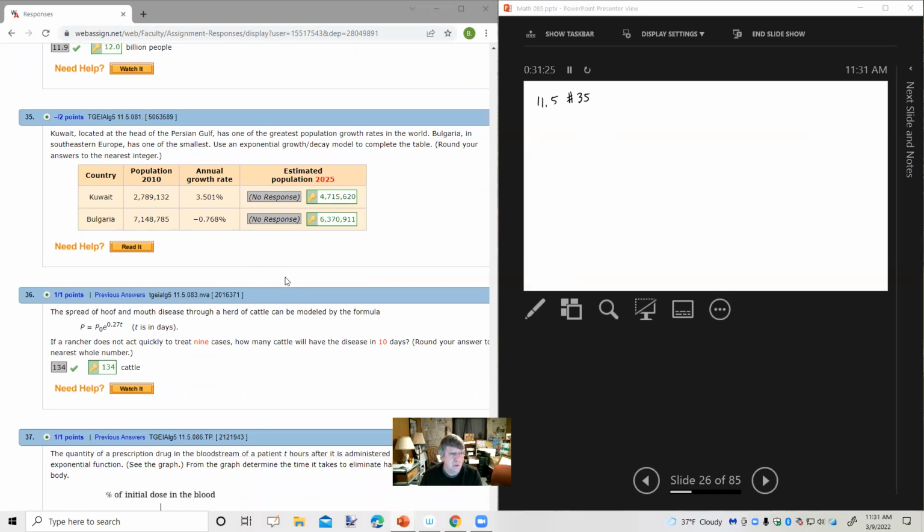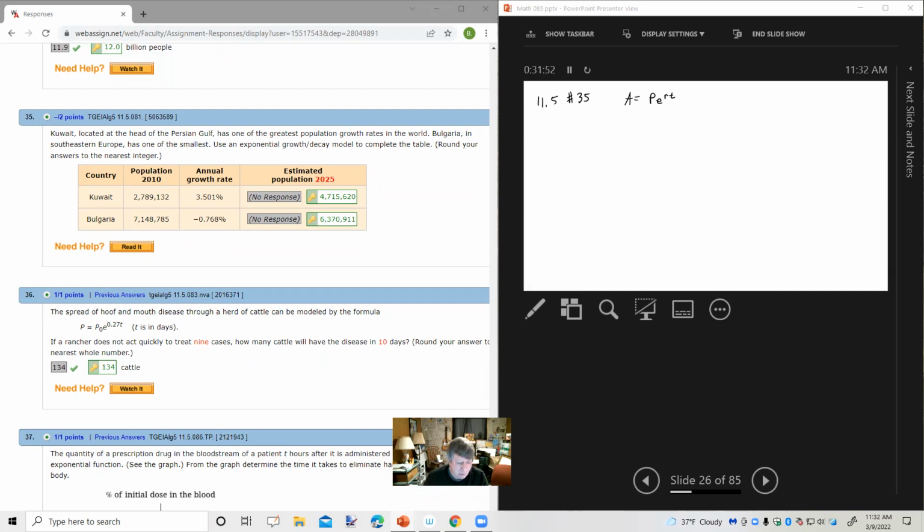It says, Kuwait, located at the head of the Persian Gulf, has some of the greatest population growth rates in the world. Bulgaria in Southeastern Europe has one of the smallest. Use an exponential growth decay model to complete the table. Round your answers to the nearest integer. All right, so we're going to use A equals P e to the RT power.